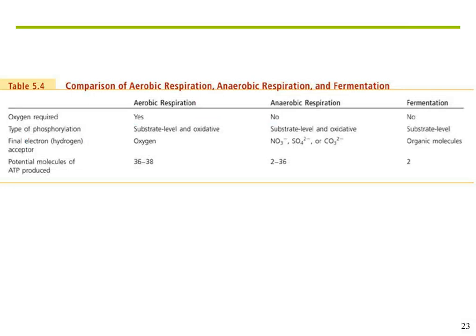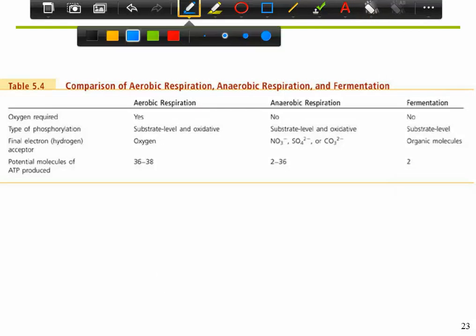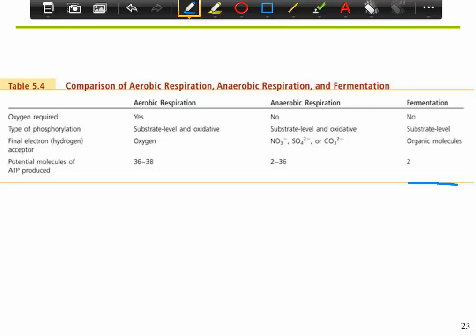All right, so here's a look at the three processes that we've covered. Okay, so reminder, we just did fermentation. Notice only a couple of ATPs. Sometimes you can get a little bit more, but not very much. Then we covered aerobic and anaerobic respiration.